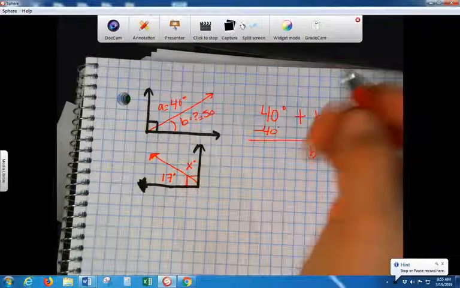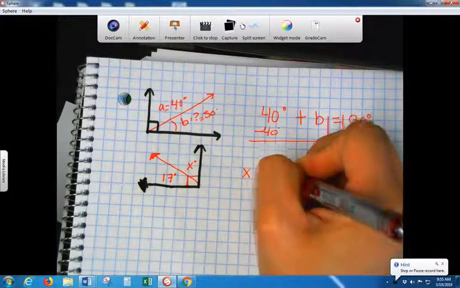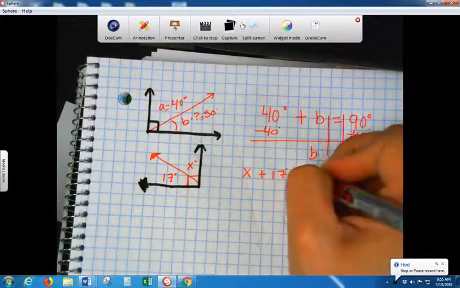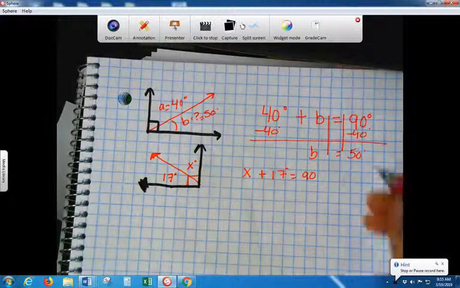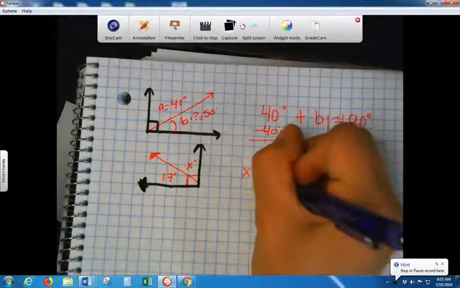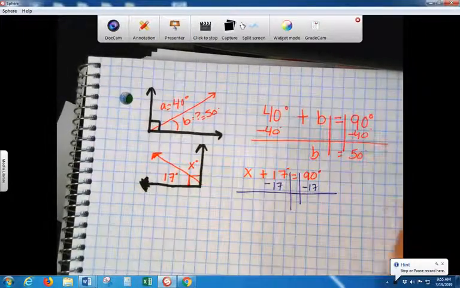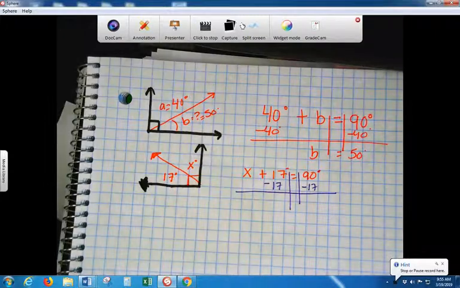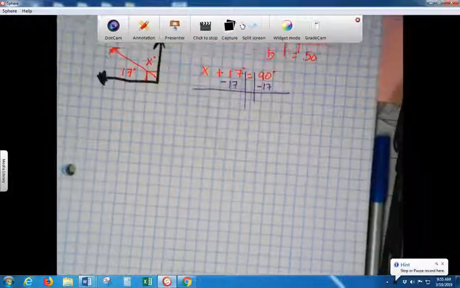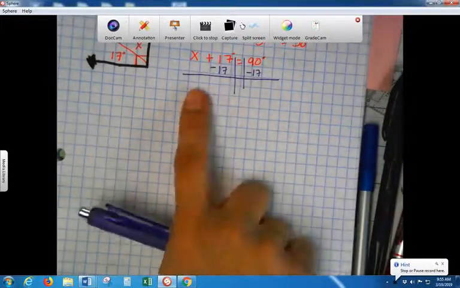So we know that X plus 17 has to equal what? 90. All right, let's do some simple math, guys. Just like what we did before in this class, probably like December or January, we did this, one-step equations, right?